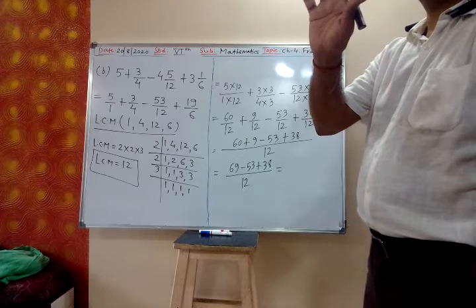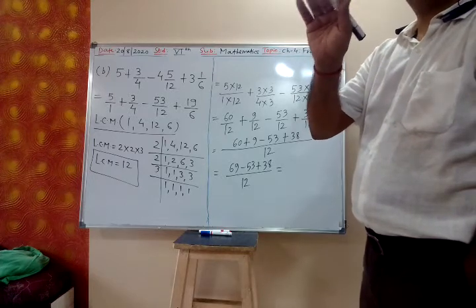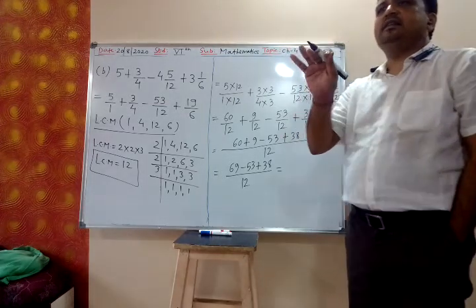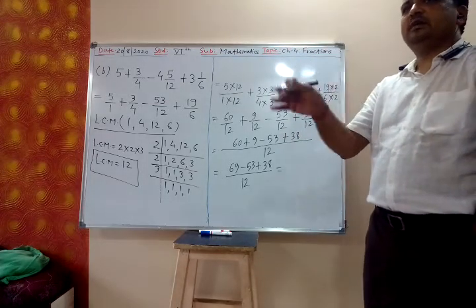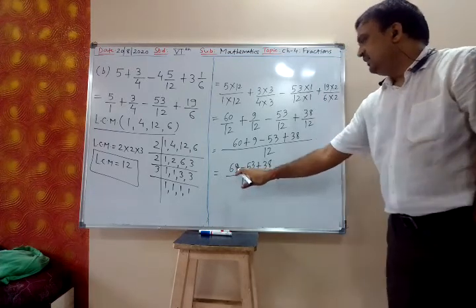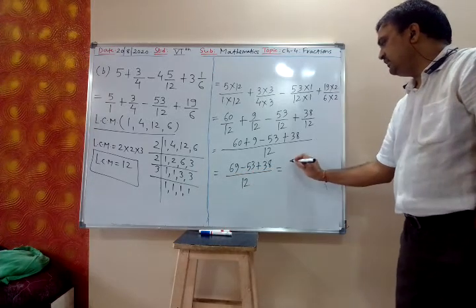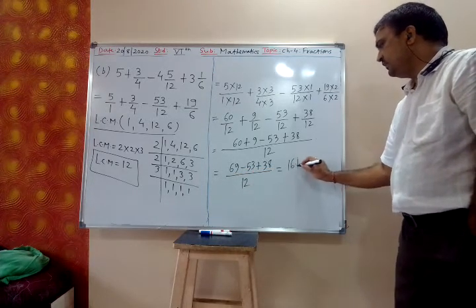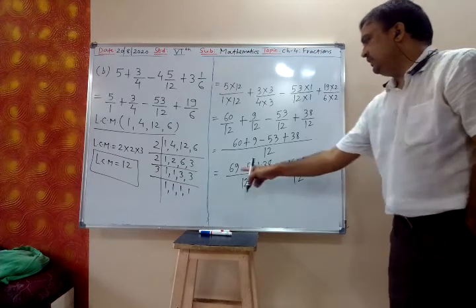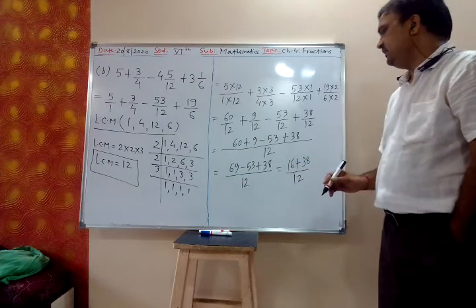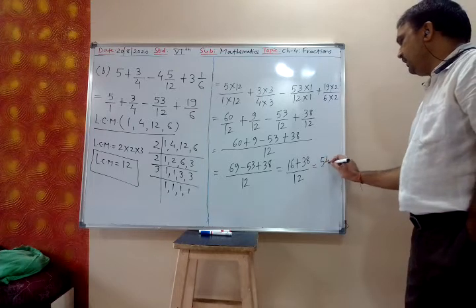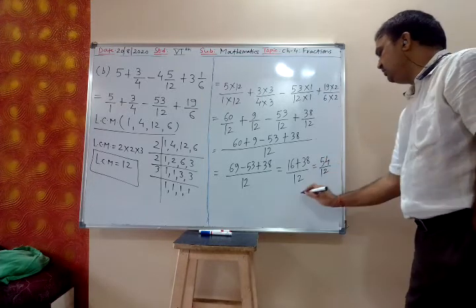Addition and subtraction are at the same level, so you can perform any one of them first. So 69 minus 53 is 16. 16 plus 38 is 54 upon 12. Now you can convert them into a mixed fraction.